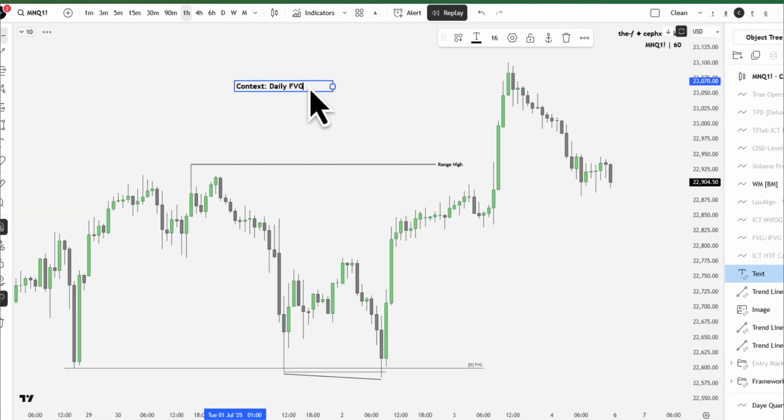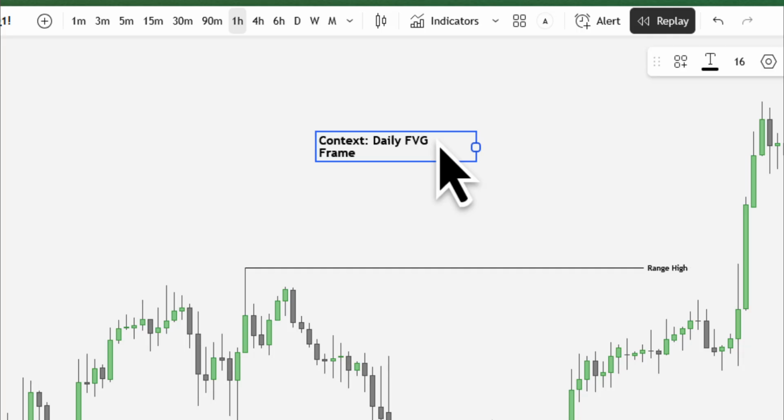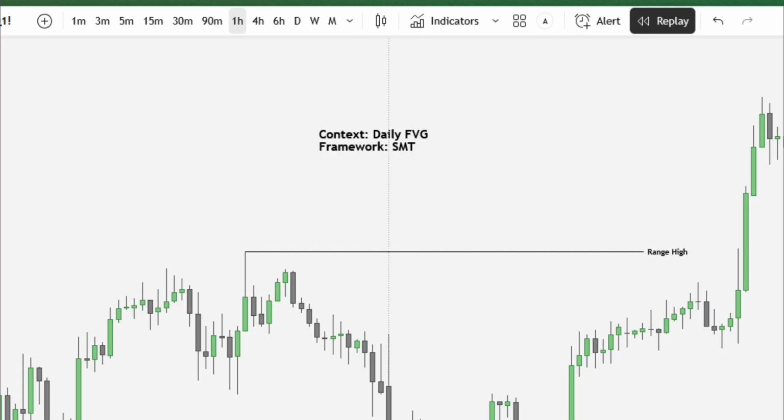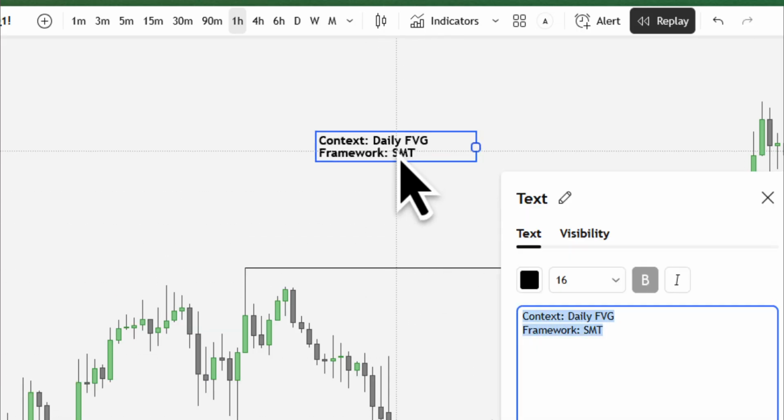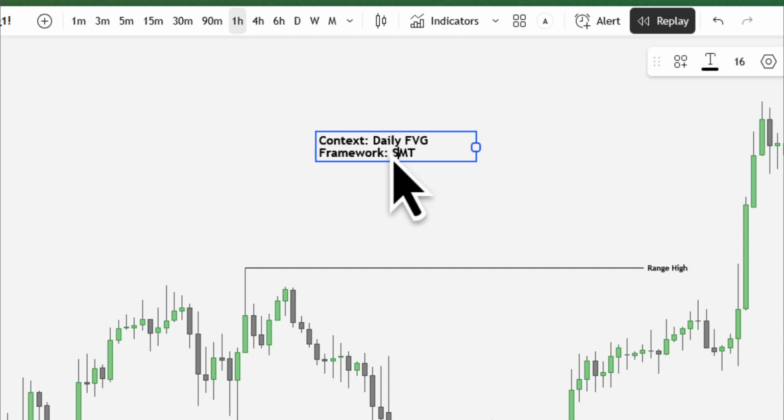So the framework, based on this, you have the context, daily fair value gap. The framework, we have multiple parts of it. We have SMT on the weekly cycle. So that is weekly cycle SMT.